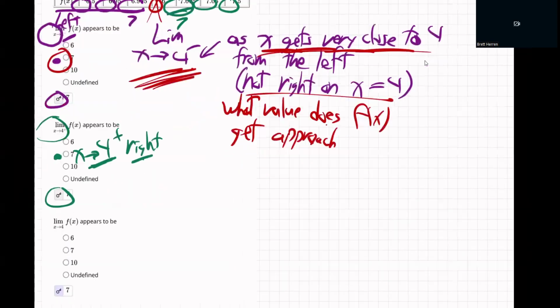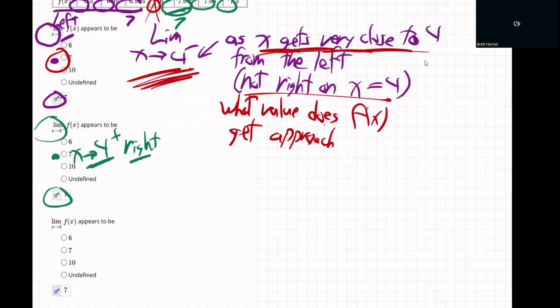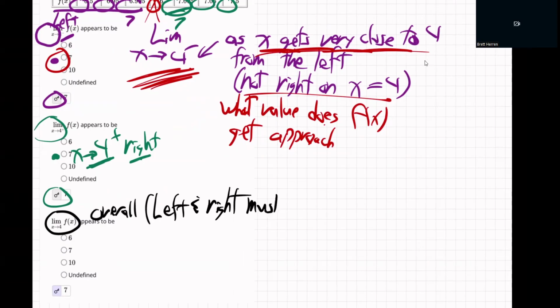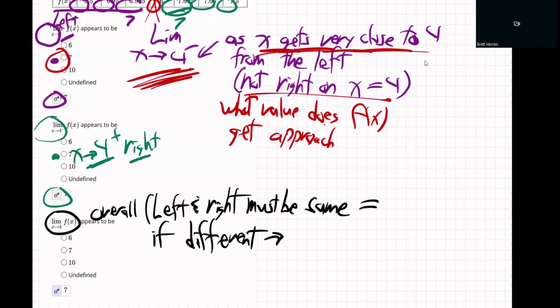And finally, then, what is the answer down here? This means the overall limit, left and right. Left and right must be the same or equal. If they're different, then it'll be D and E. So here's the deal with that.